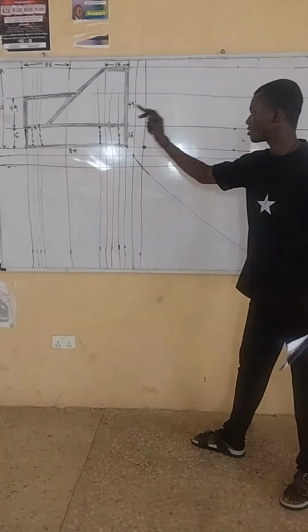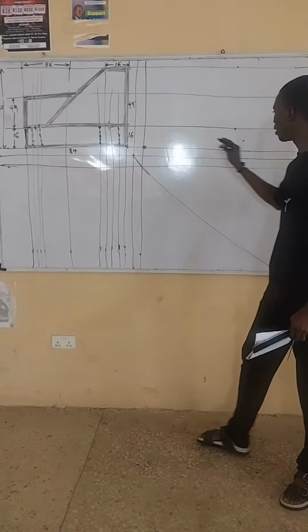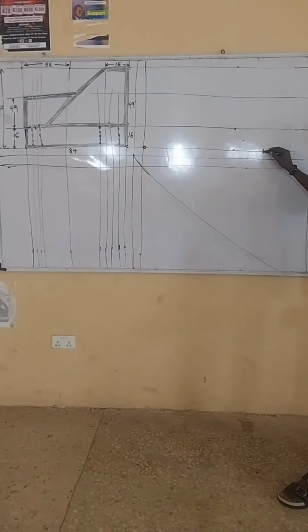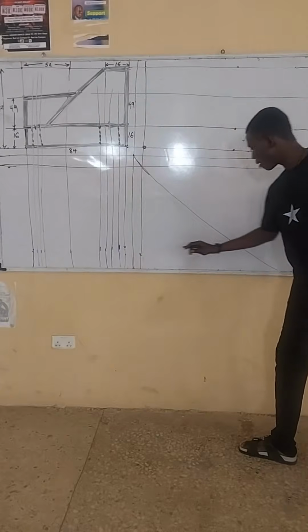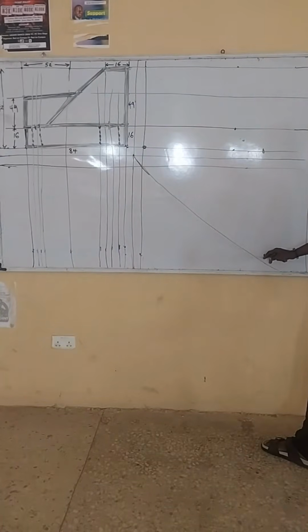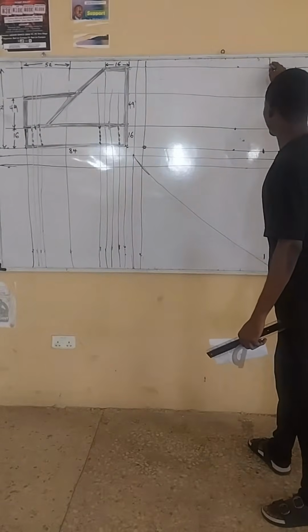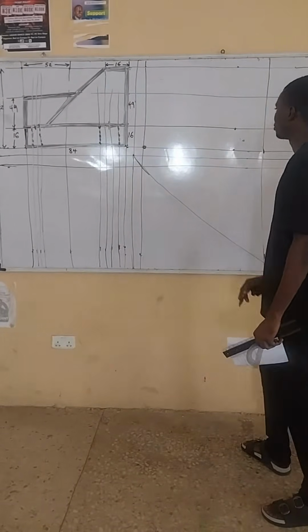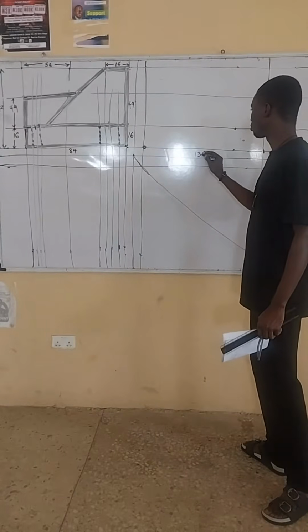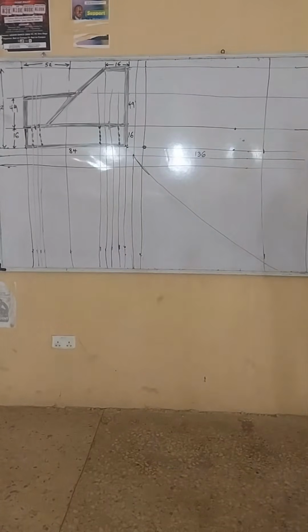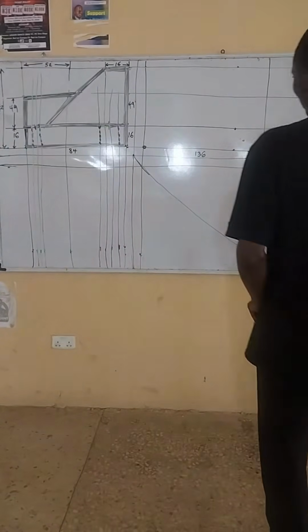13.6 is the total length. So from here, mark 13.6. From any point downwards, mark 13.6. Join and extend it together vertically.